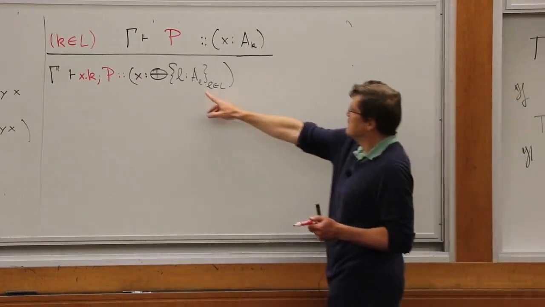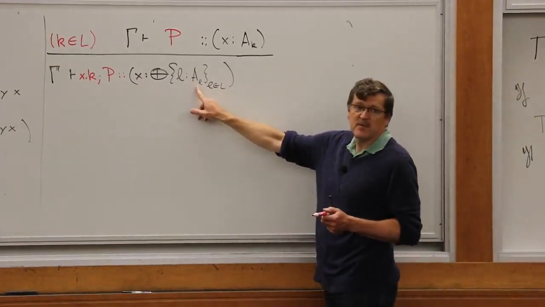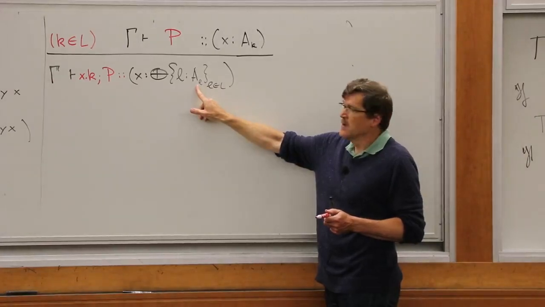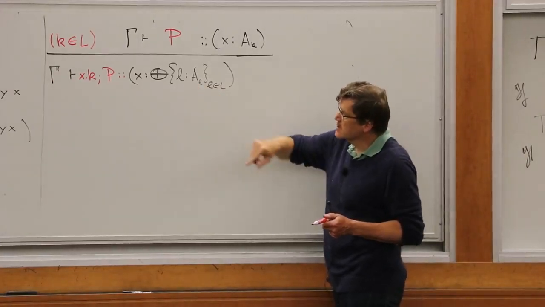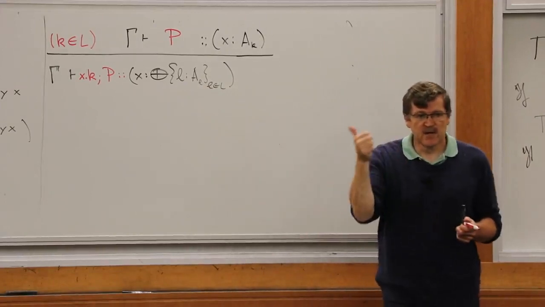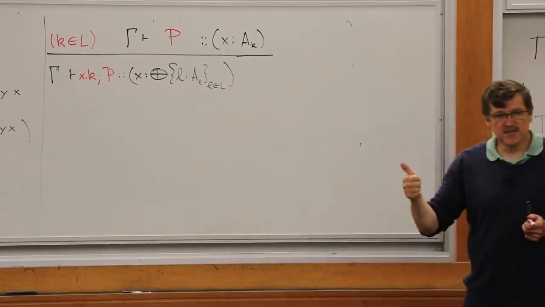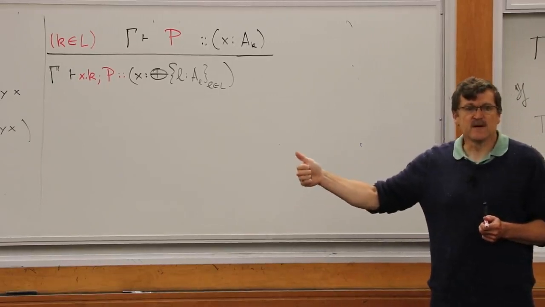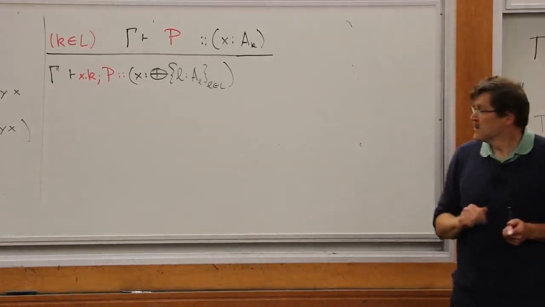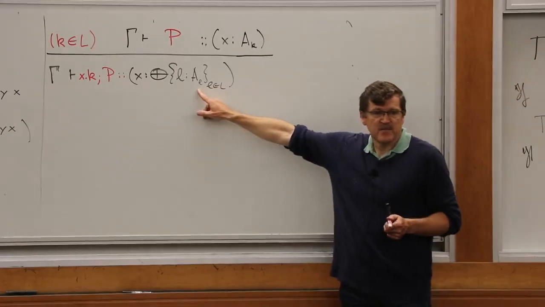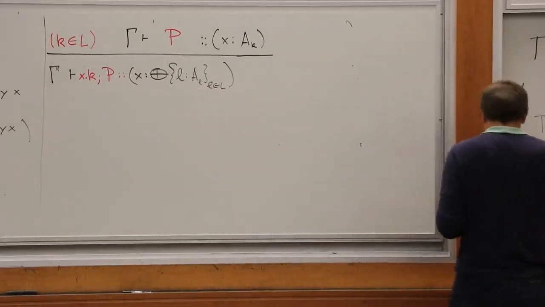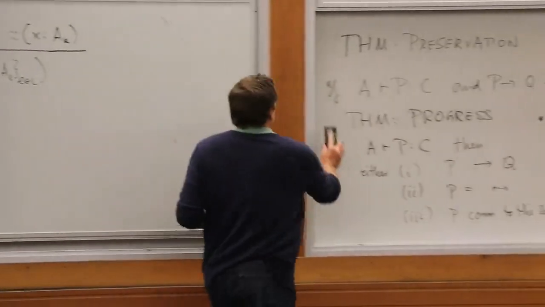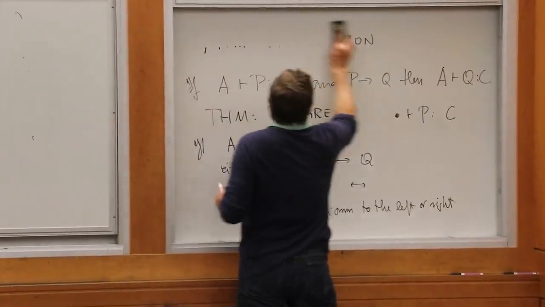That's A sub L. For every label here, there's potentially a different type A sub L. So for example, in our choice of bits, we could have B0 with continuation bits, B1 with continuation bits, or E with continuation alpha. So the continuation type is this type here. So I'll write a different table over here as a point of reference. Okay.